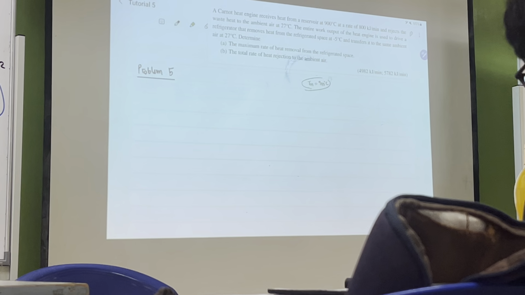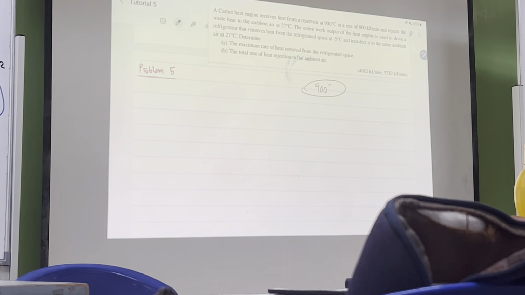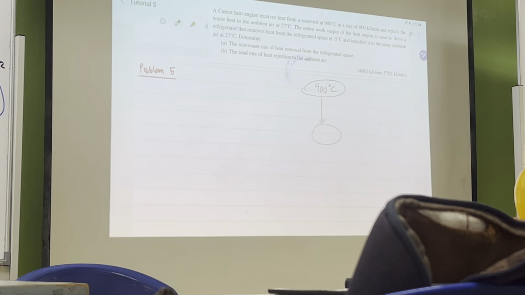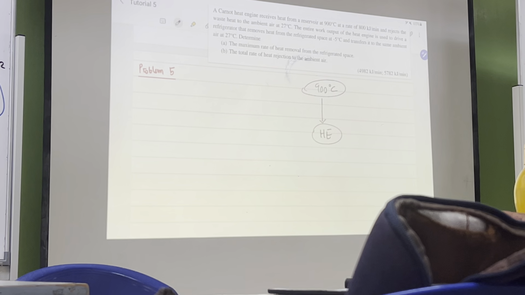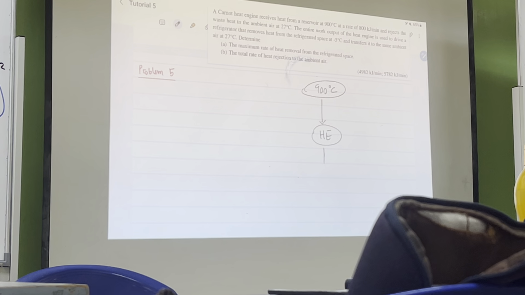It's too small, let's make it bigger. And so we take it in here, this is a heat engine. And it rejects heat to 27 degrees Celsius.